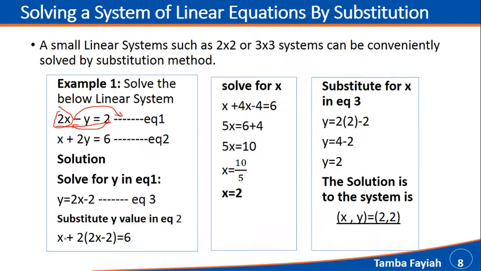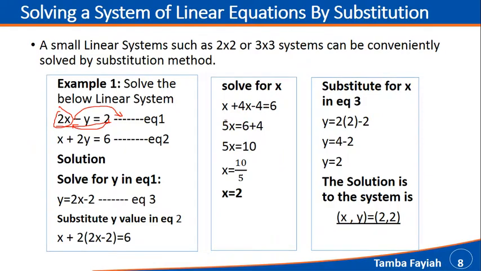So now we have a single variable, so we can solve for it. If we multiply 2 by 2x, we have 4x. 2 times minus 2, we have minus 4, equals 6. We combine the like terms, we get 5x, and we take this guy across, making it positive.